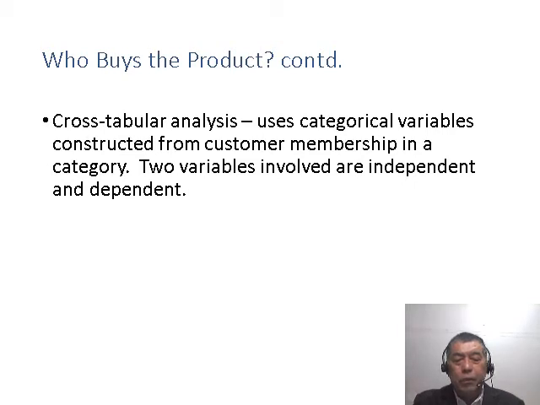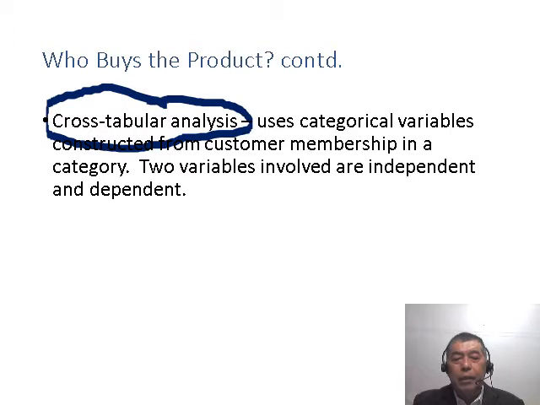Now let's go to what is cross-tabular analysis. It uses categorical variables constructed from customer membership in a category. Two variables involved are the independent and dependent variables. So these are categorical data, no?